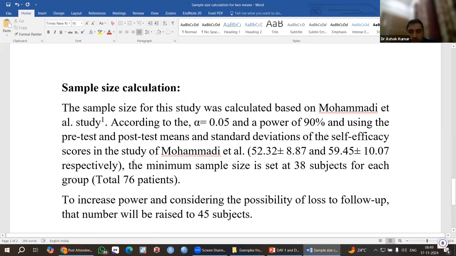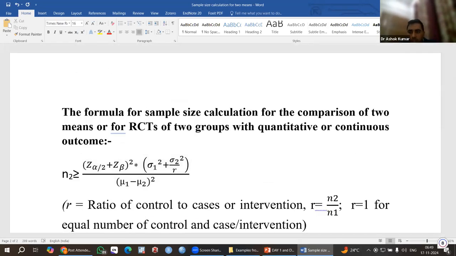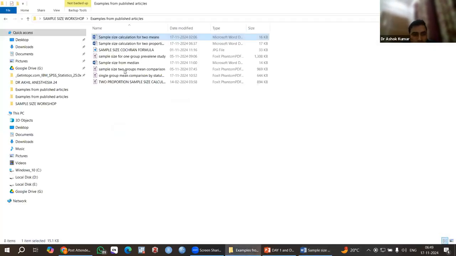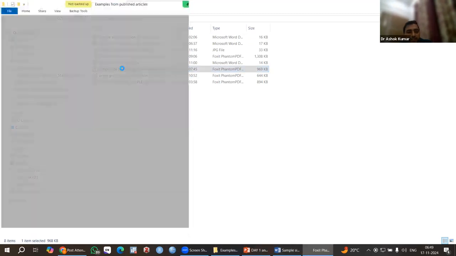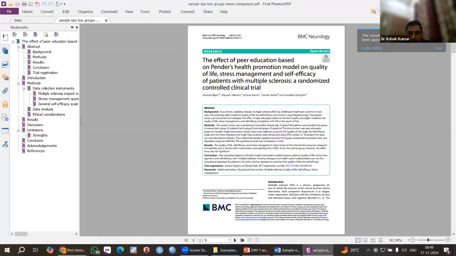Then I will show this paper. I think this is the paper, sample size for two group mean comparison. I think I have taken this from this paper.